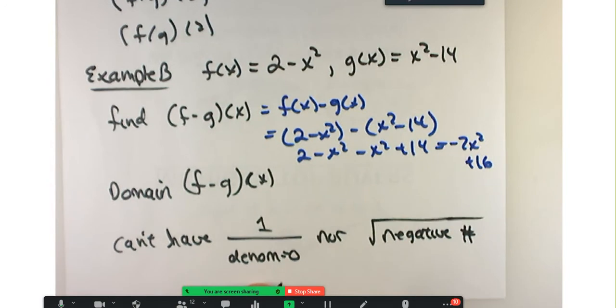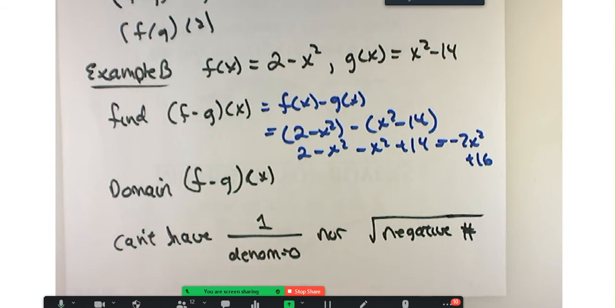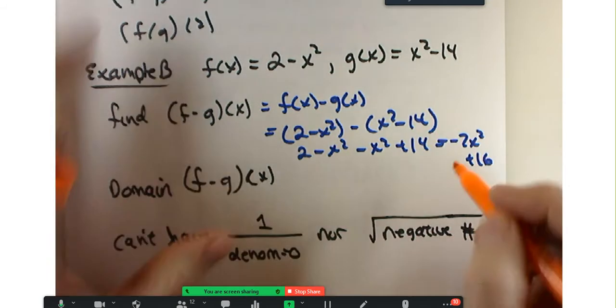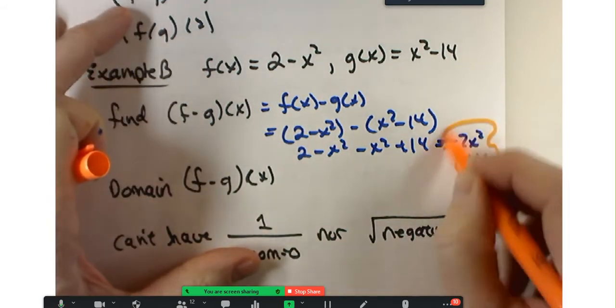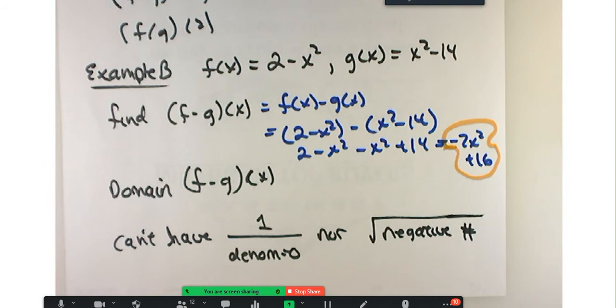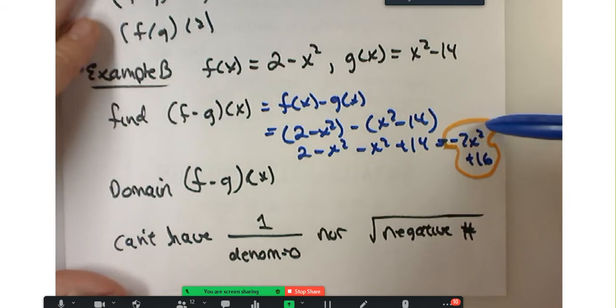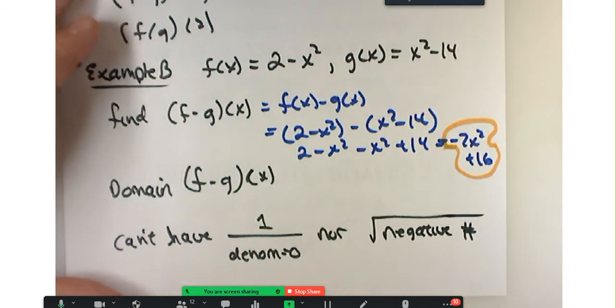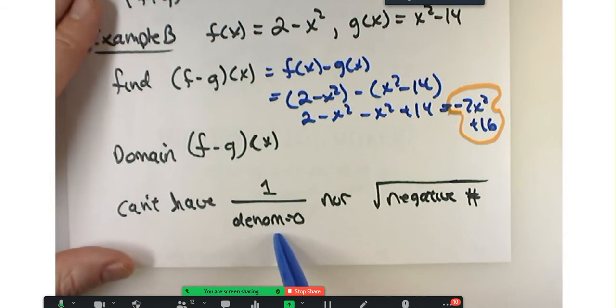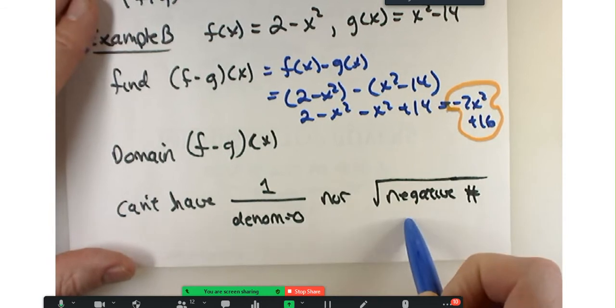Now, a follow-up question on something like this is, well, what's the domain? And let me give you two answers. One is kind of a broad answer that I'll talk to you about in a second. But first of all, let's get at it in an intuitive way. Your domain is everything except places where you're going to have problems. Those problems are going to be where a denominator is 0 or you have a negative underneath the square root.